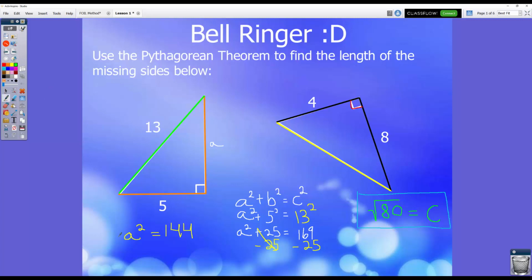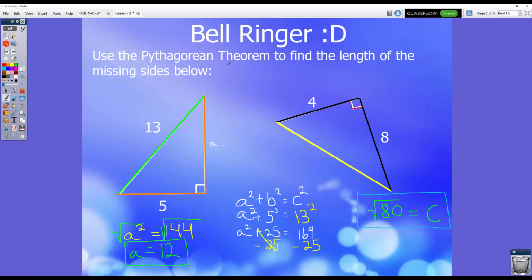And now that a squared is by itself, we are ready to take the square root of both sides. The square root and the exponent of 2 cancel each other out. So we get a equals the square root of 144. 144 is a perfect square, so the square root of 144 is 12. So a is equal to 12.